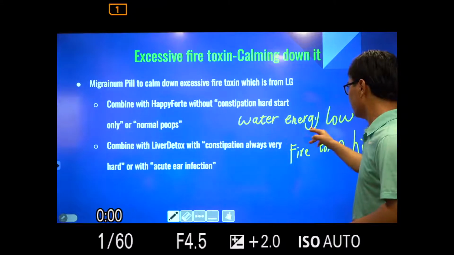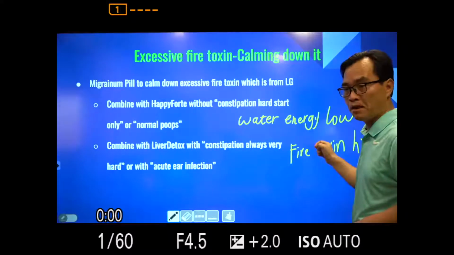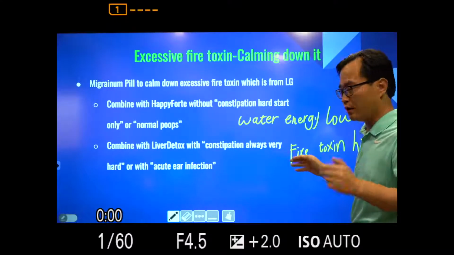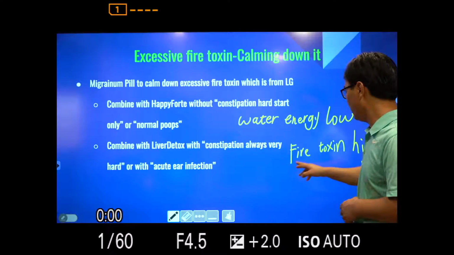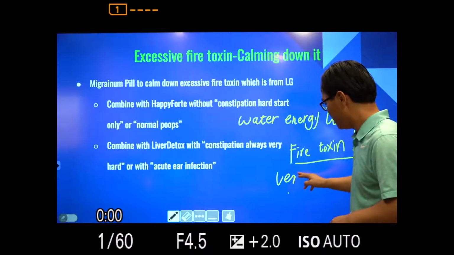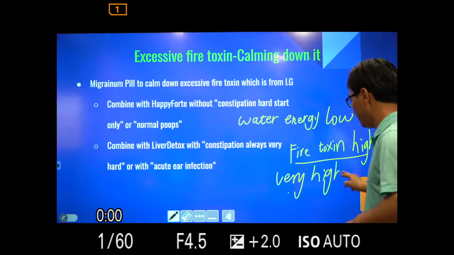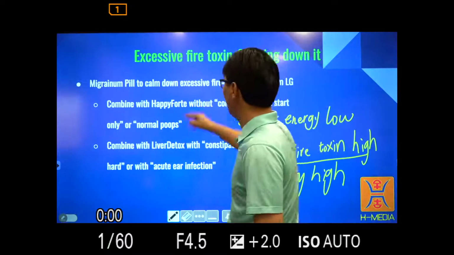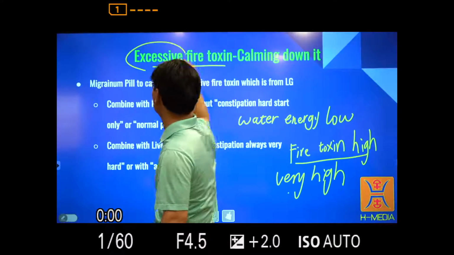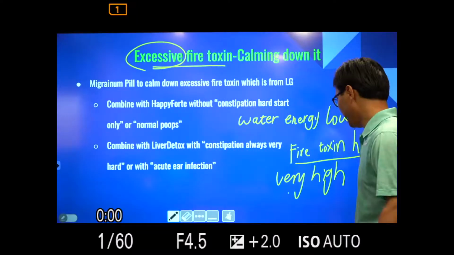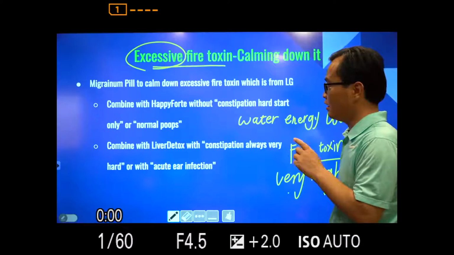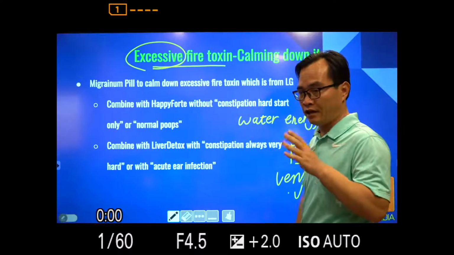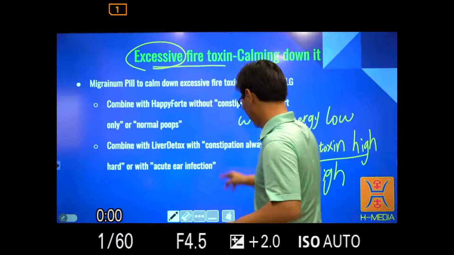In fact, this kind of explanation is for the regular case, where the water is low and the fire toxin is high. But the special case is when the fire toxin is very high, and we call that excessive fire toxin. Generally, it can generate the internal wind.